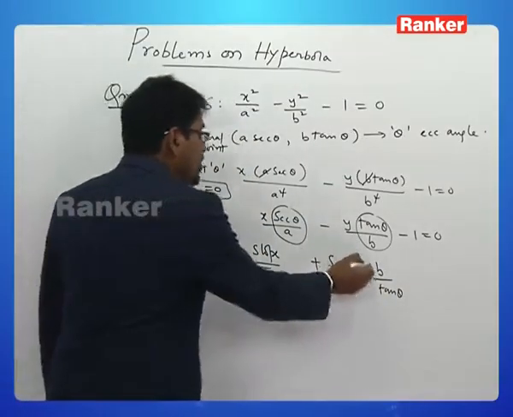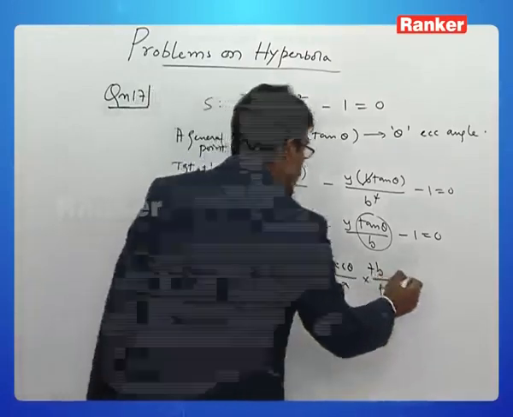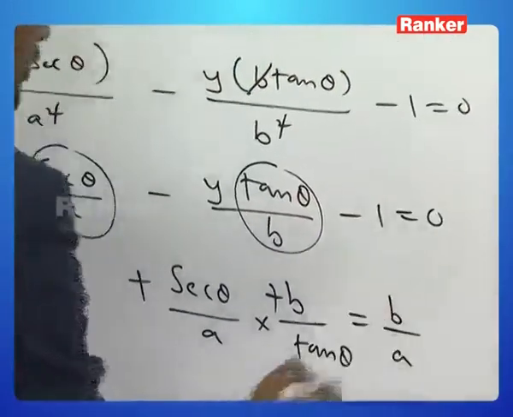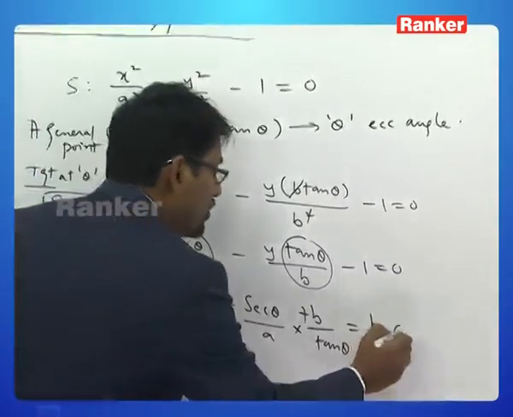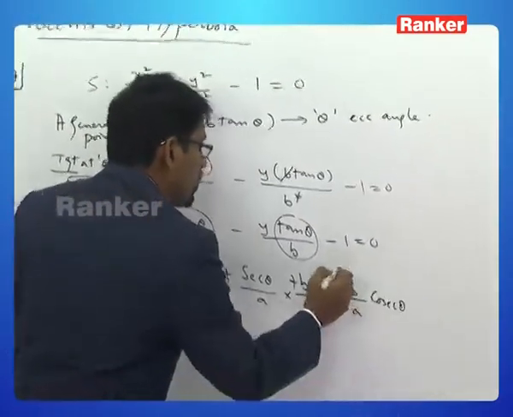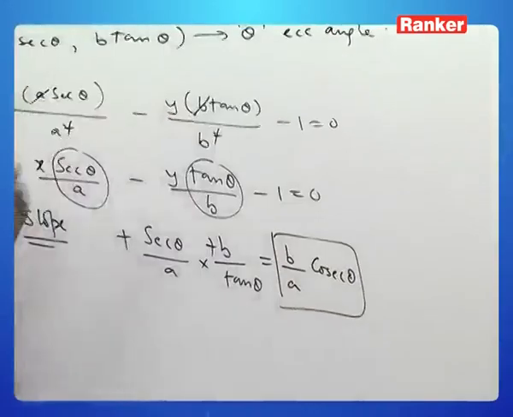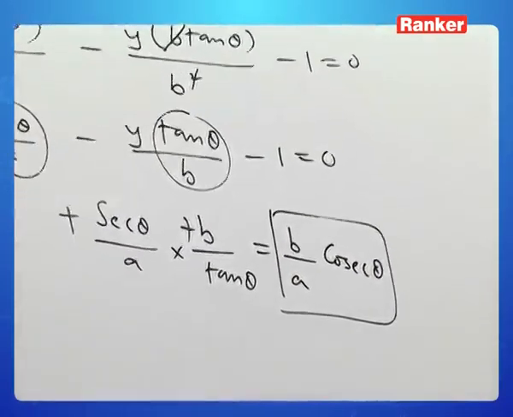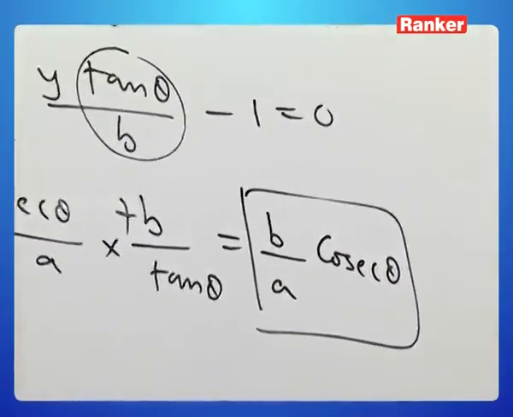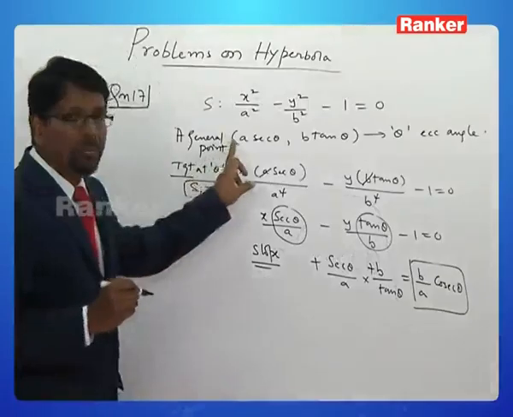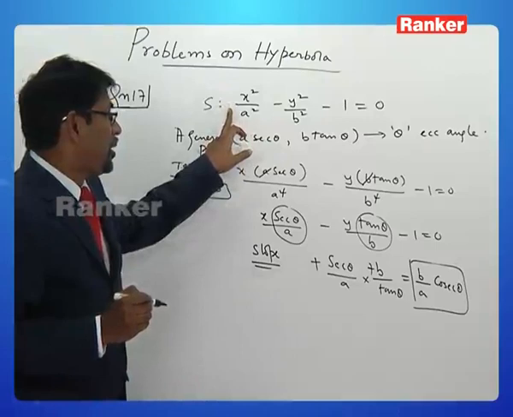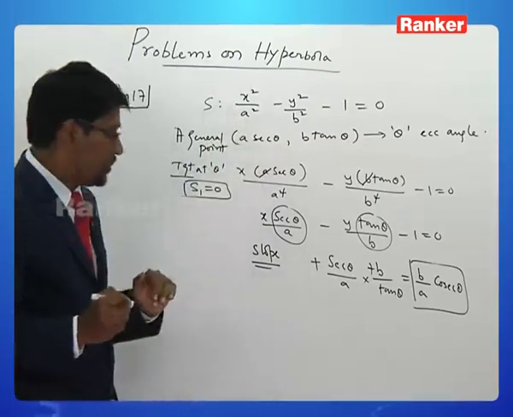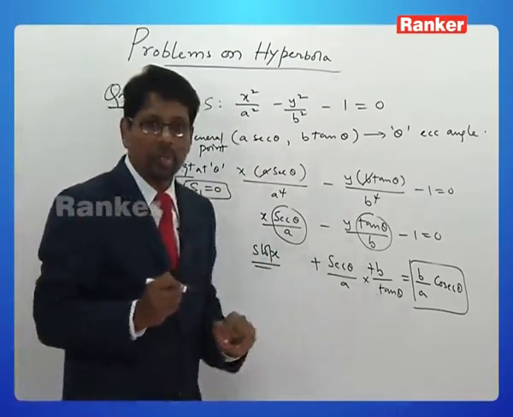So this minus and minus will become plus, and we have b by a cosecant theta. So the slope of the tangent at any point theta to the hyperbola is b by a cosecant theta. This has to be borne in mind.